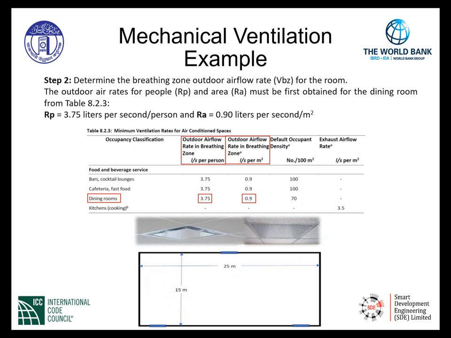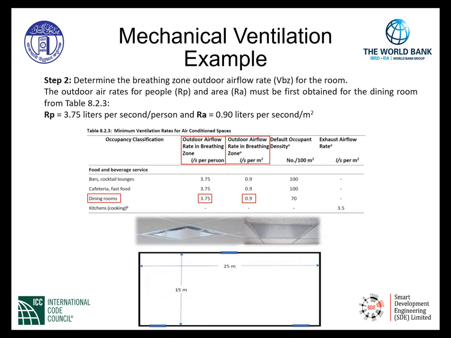Step 2, we will determine the breathing zone outdoor airflow rate, V sub BZ, for the room. The outdoor air rates for people, R sub P, and the area outdoor air rates, R sub A, must first be obtained for the dining room from table 8.2.3.